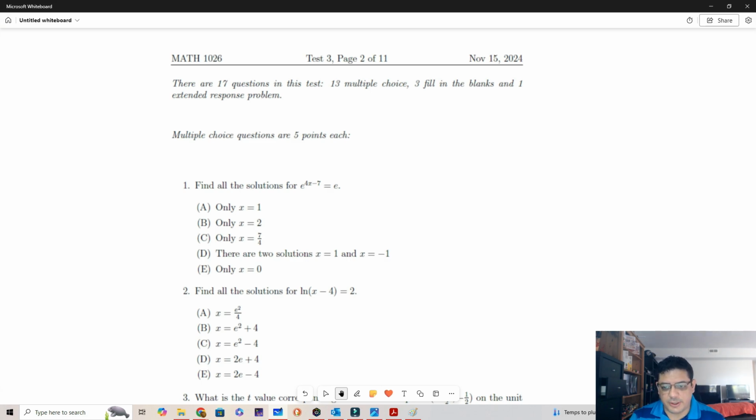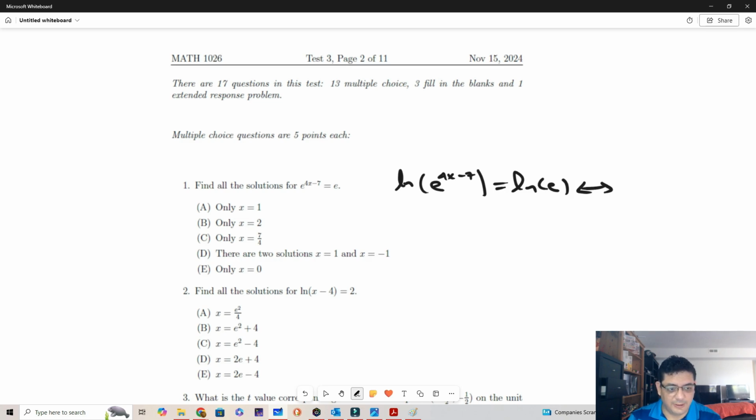On the first question, we're working on the set of multiple choice questions, and we have to find all the solutions for e to the 4x minus 7 equals e. Since you have e on both sides, you can apply the log, so you get log of this equals log of this.